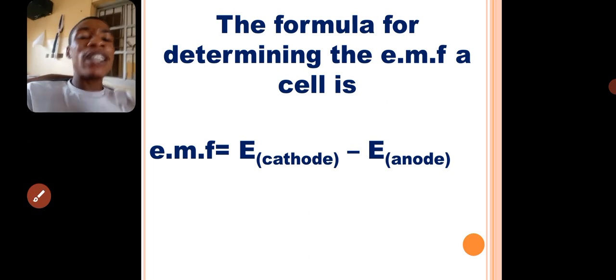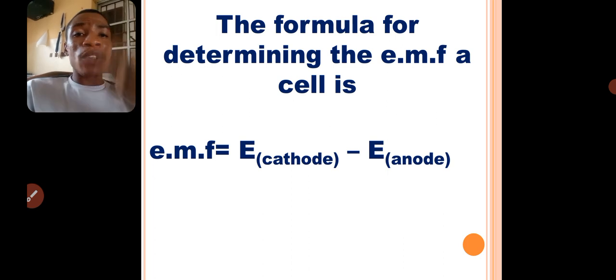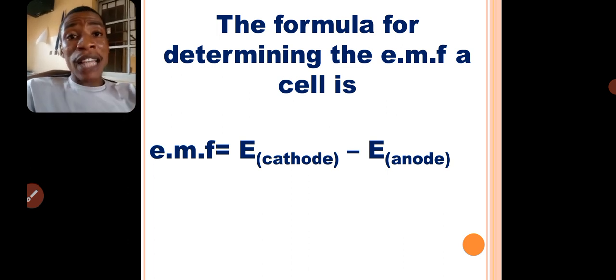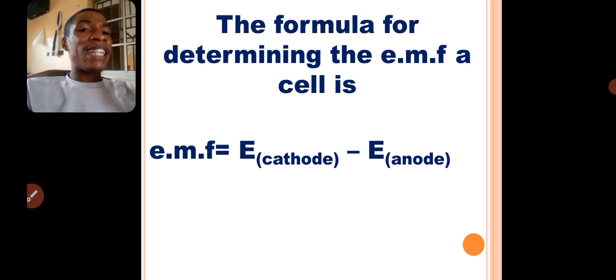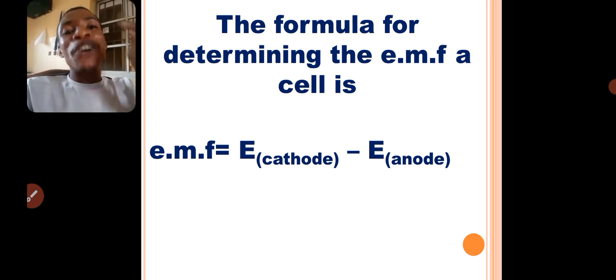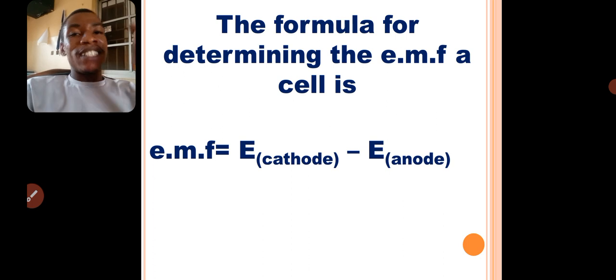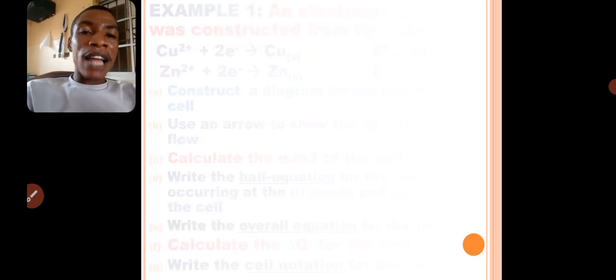However, to avoid any confusion, just stick to E cathode minus E anode, because you are able to know which half cell will be the cathode and which will be the anode, based on their position to each other in the electrochemical series, or based on their reduction potential in the question you'll be given. So the formula for EMF is E cathode minus E anode.